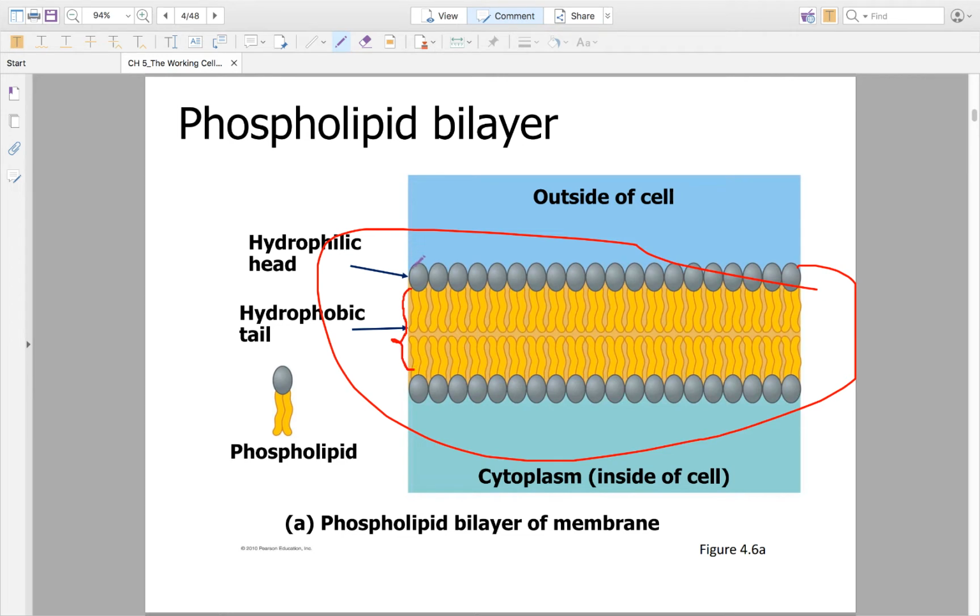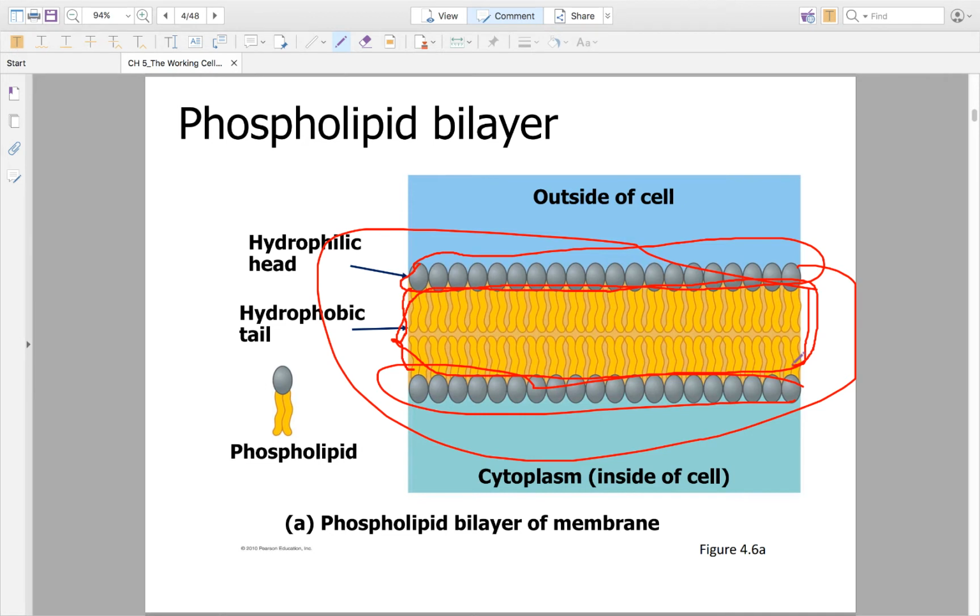And the hydrophilic heads could just exist this way and face the water molecules without a problem. Okay, and the hydrophobic tails will always align with one another, and therefore the bilayer, the phospholipid bilayer, the plasma membrane, is made naturally without any energy or help.